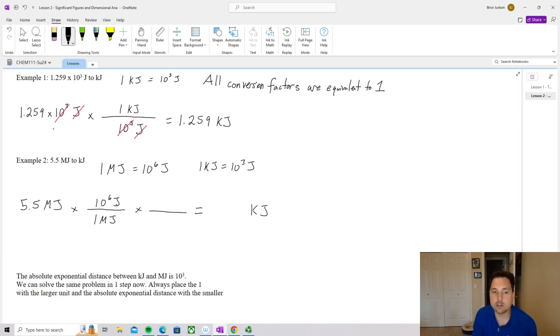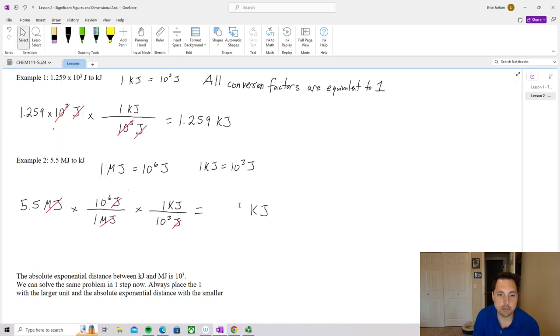And then we can convert joules to kilojoules. So here I have this conversion factor. We'll make use of 10 to the third joules on the bottom and 1 kilojoule on top. We'll see here that megajoules cancel, joules cancel, and we're left with the unit that we want, which is kilojoules.